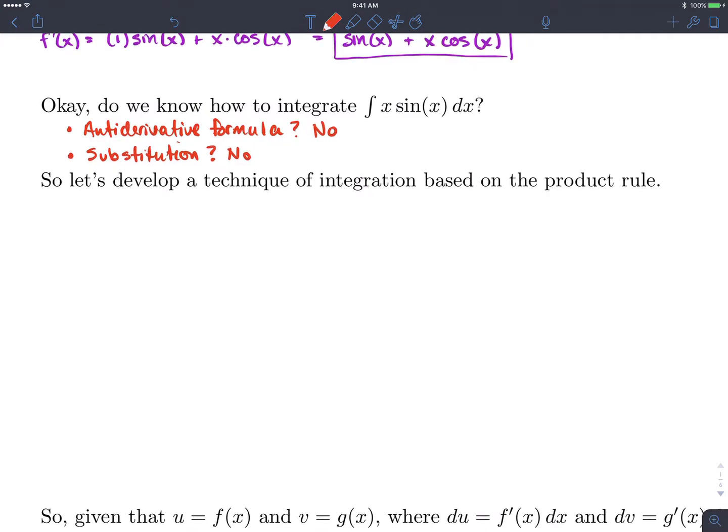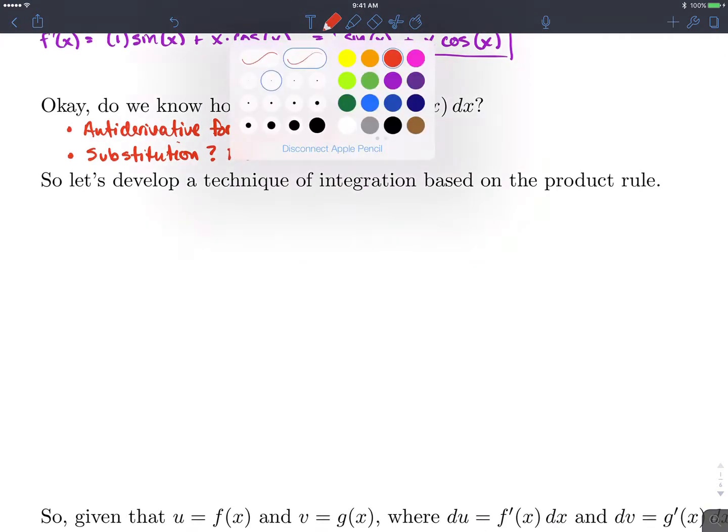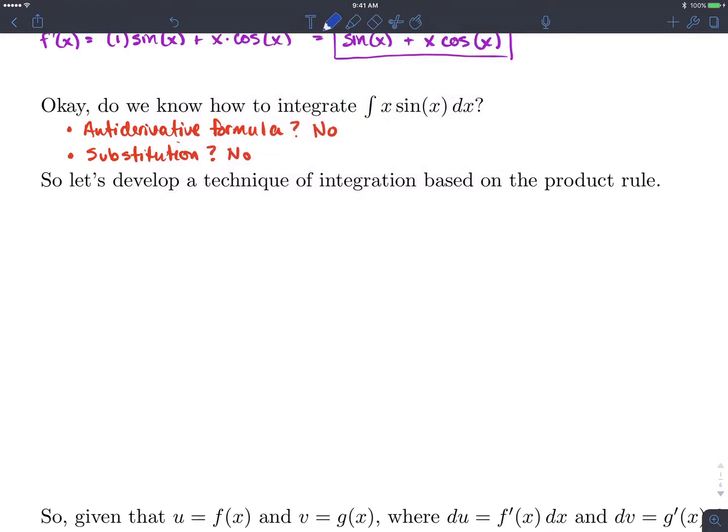And this is just a little proof if you like to understand the justification for things. So if we were to consider two functions of x, let's call them f of x and g of x.